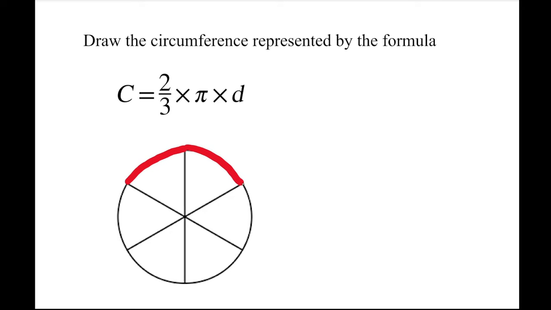So I'm going to draw around 4 edges, or 4 portions. So again, this line is represented by this formula because of this fraction here, which means 2/3 of our circumference is what we're calculating.